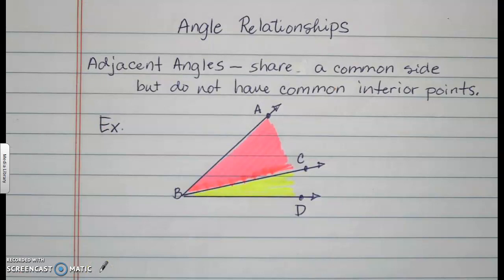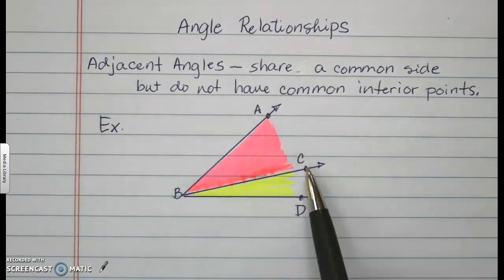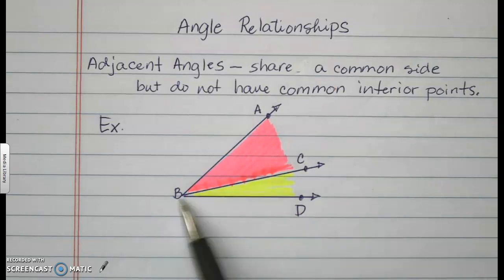I'm now going to discuss angle relationships. The first type of angle relationship that I'm going to discuss is adjacent angles. What are adjacent angles? Adjacent angles are angles that share a common side but do not have common interior points. An example is angle ABC and angle CBD, which share a common side BC.